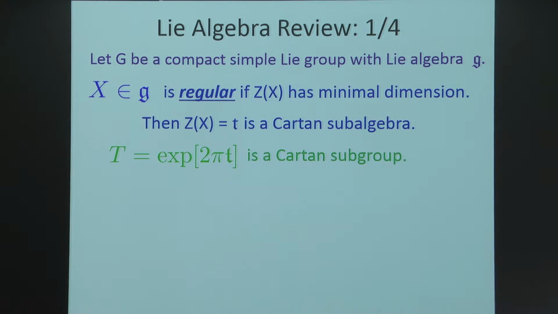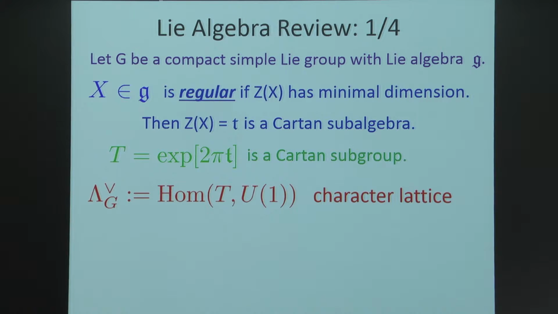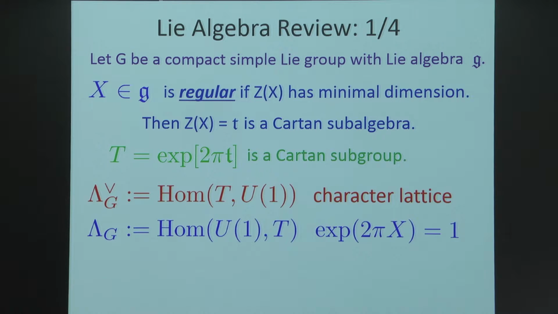You can exponentiate that Cartan subalgebra to get a Cartan subgroup T, and then you can define 2 lattices. One is the lattice of homomorphisms from T into U(1), called the character lattice, and the dual lattice, the homomorphisms of U(1) into T, is called the co-character lattice. And you could think of that as the Lie algebra elements that exponentiate to 1.